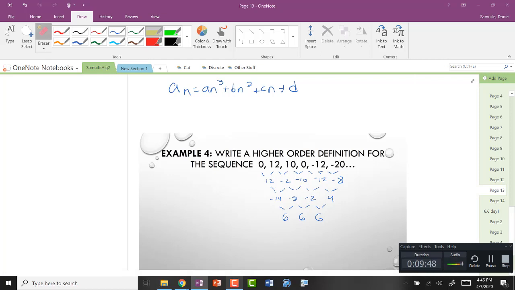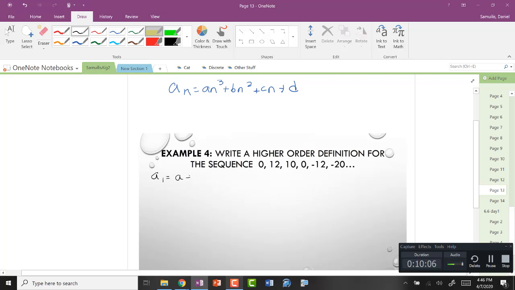All right, let me get rid of this, give myself some room to write on. Again, we know a sub 1, a sub 2, a sub 3, and a sub 4, so we're plugging those into our formula. So a sub 1 would be equal to a plus b plus c plus d, because 1 cubed, 1 squared, 1, and then nothing.